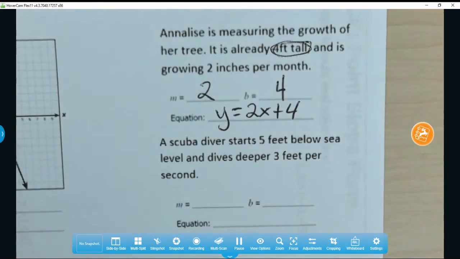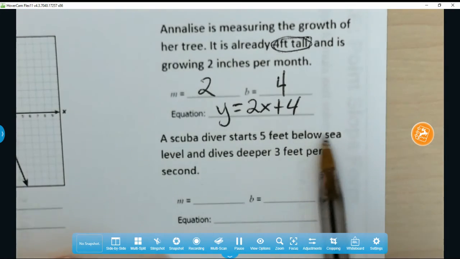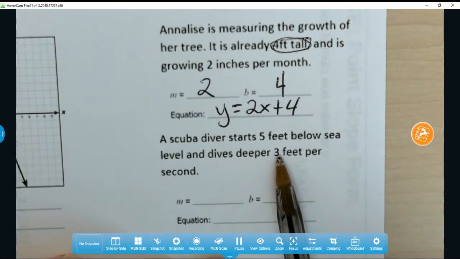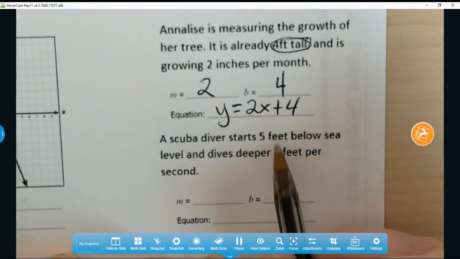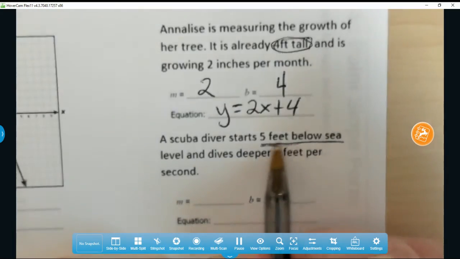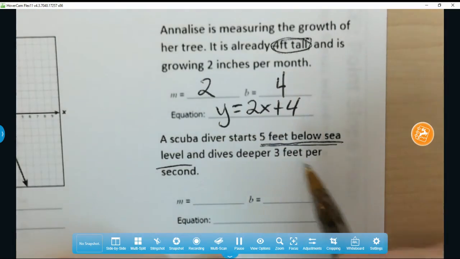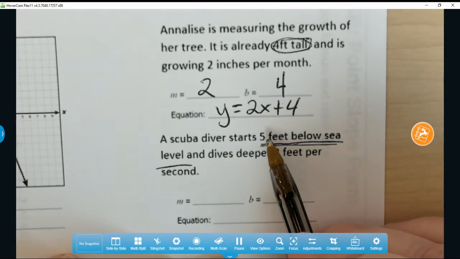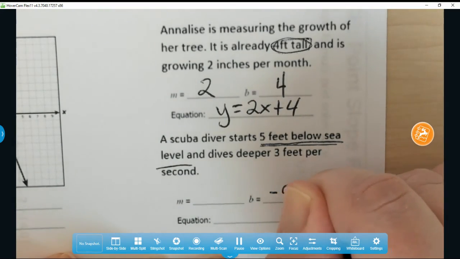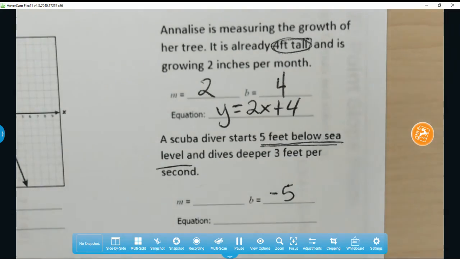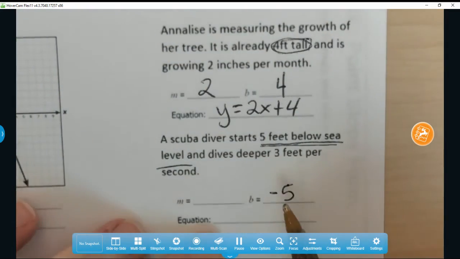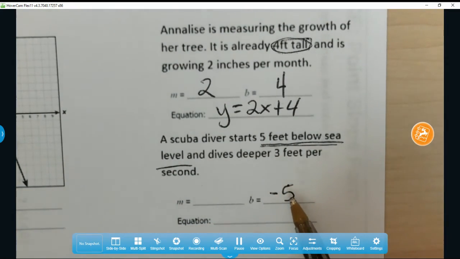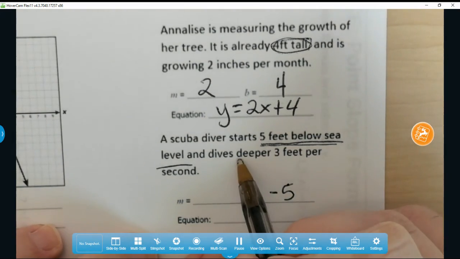A scuba diver starts 5 feet below sea level and dives deeper 3 feet per second. So 5 feet below sea level. So that means instead of a positive y-intercept, we're starting with a negative because we know if you were right at the surface, it would be 0. So if it's 5 feet below, that's a -5. And then they dive deeper.